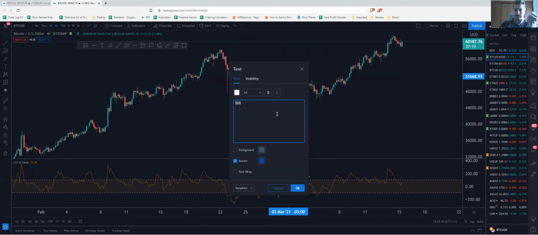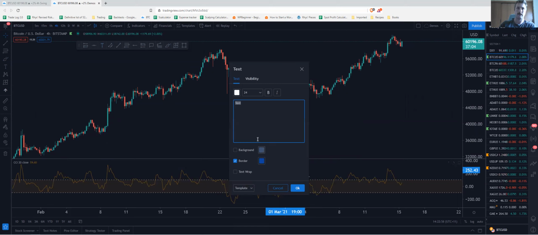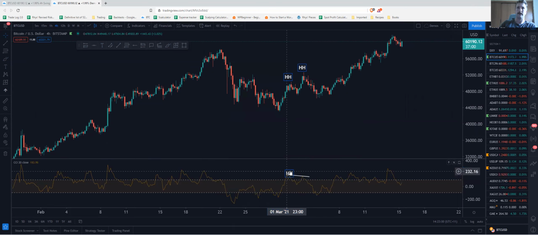The price has made a higher high, but the oscillator has made a lower high, indicating that the buying momentum is now starting to dry up. So we've got our higher high, but on the oscillator, that would be a higher high, but then the next one is a higher low.